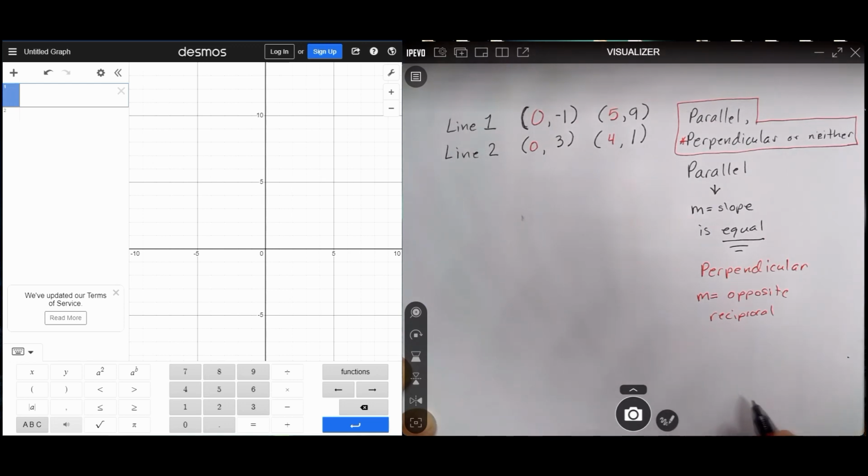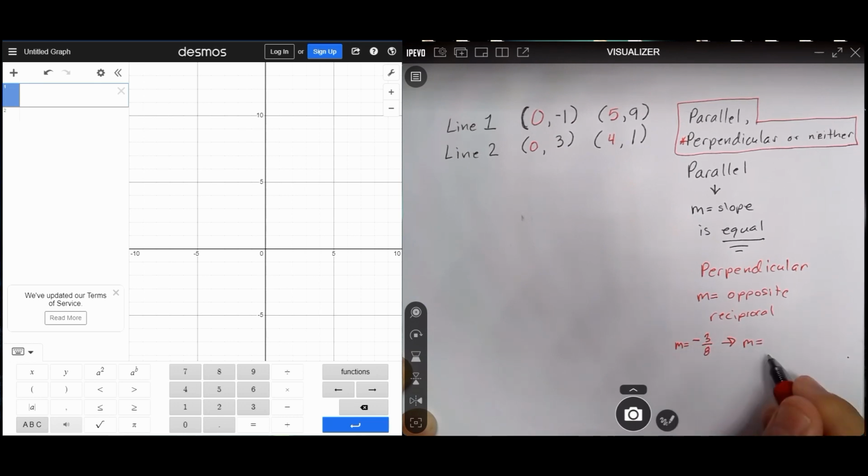And the opposite reciprocal means, just for example, let me use a number that's real easy to see that it's a reciprocal. Let's say we had m equal to -3/8. If it's the opposite reciprocal, then the other line's slope should be the opposite sign.